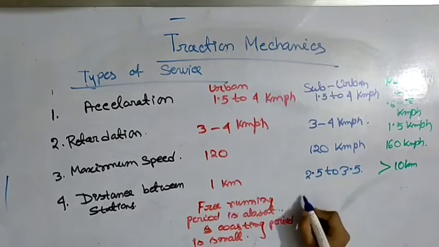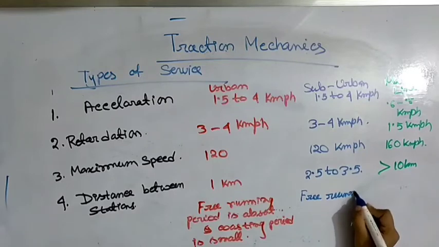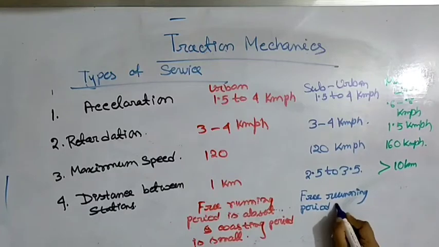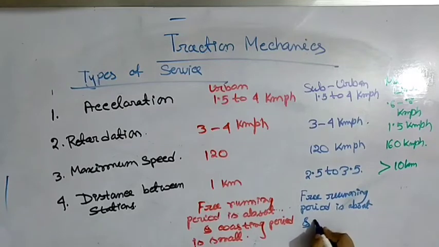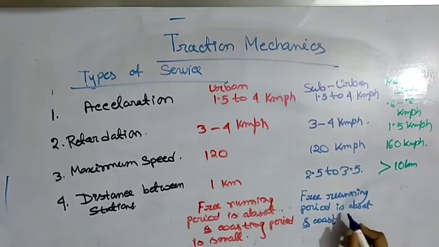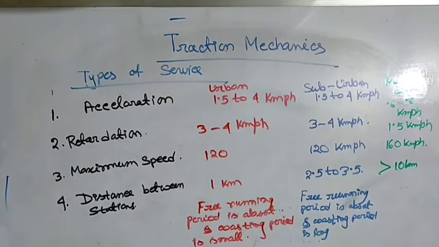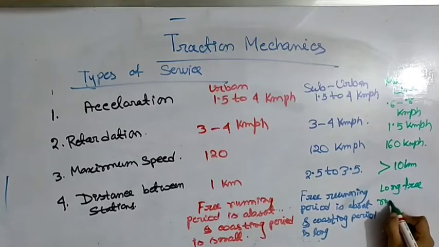For suburban service, free running period is absent, and coasting period is long. And for mainline service, long free running and coasting periods.